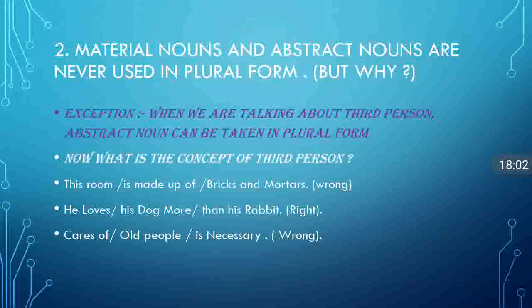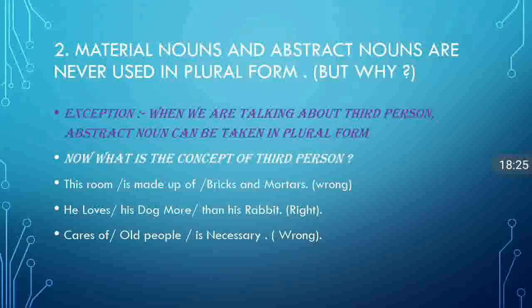If this brick would have been lying somewhere else and we would not have been talking about this room, then the brick can be counted, but once the room is made, you cannot go and count the bricks. Okay, in the material noun, when it is used to make something, then this cannot be counted. That's the rule.